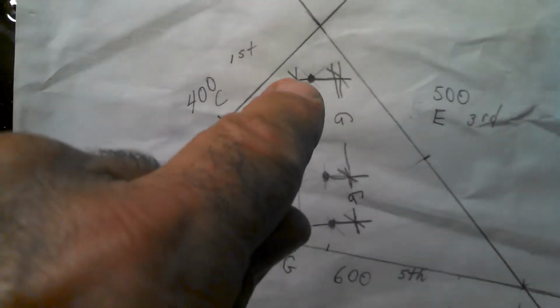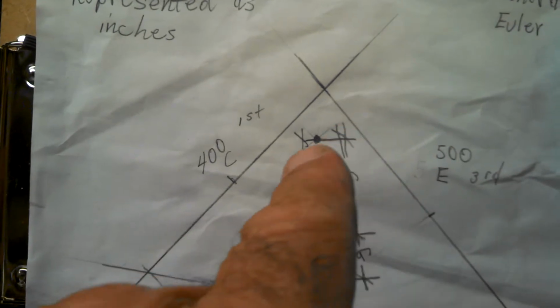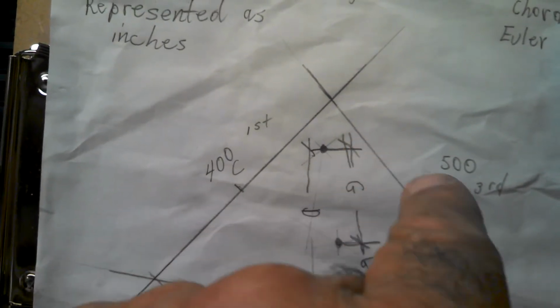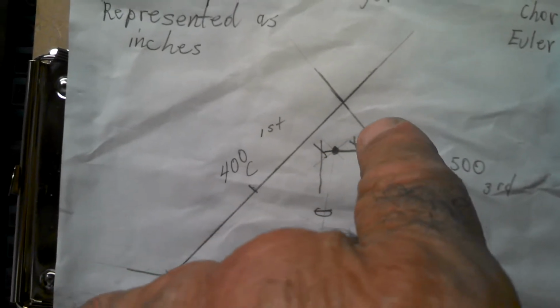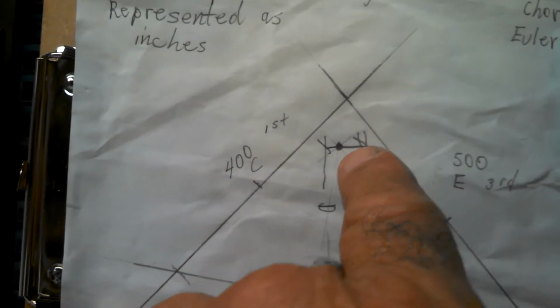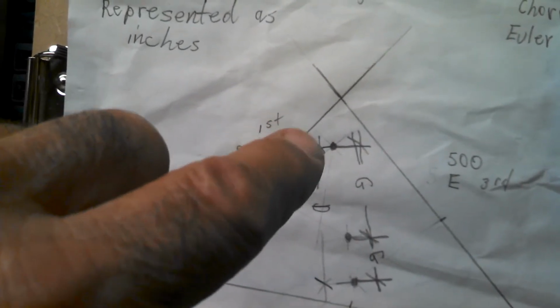Then this dot here is the perpendicular line that, when perpendicular to this, lines up with this point. So you'd have to take a square and draw a line perpendicular to this, which is square, 90 degrees. It goes across like that. Then you do the same for here.